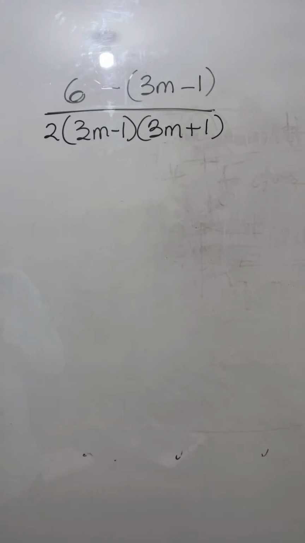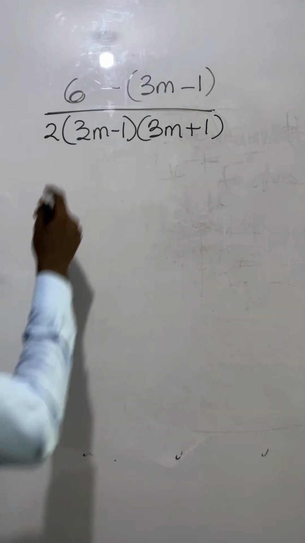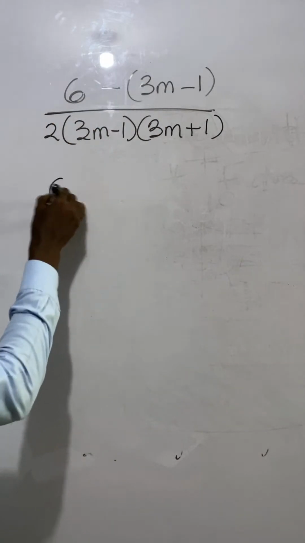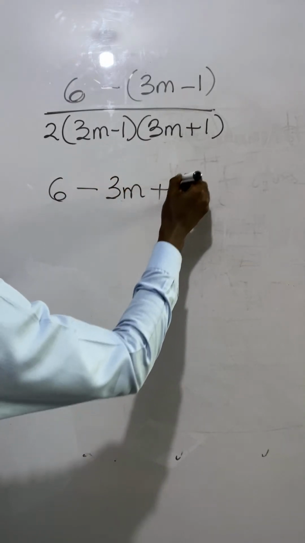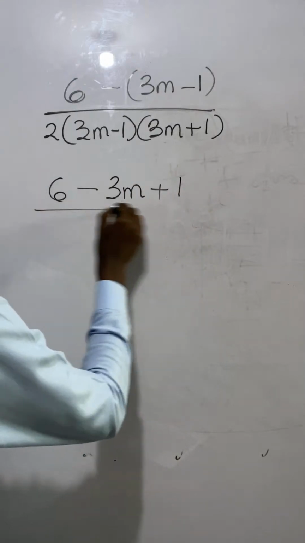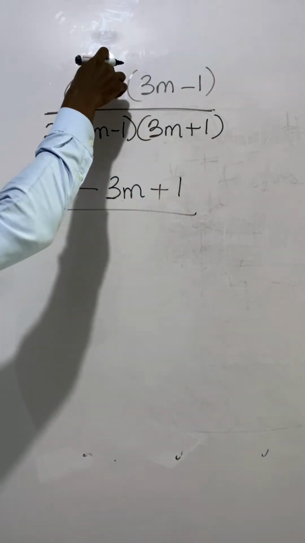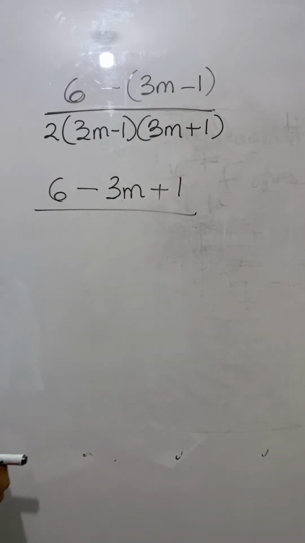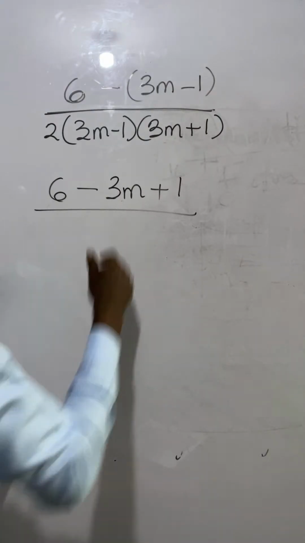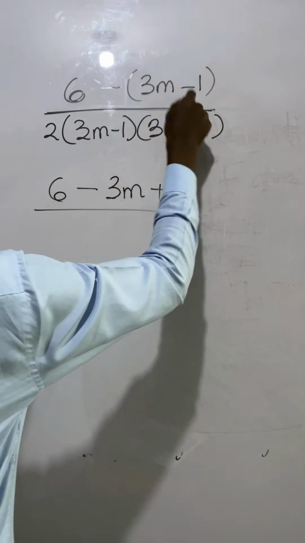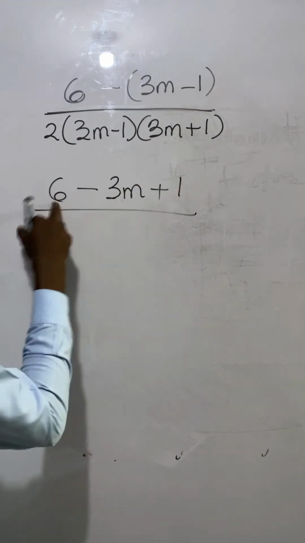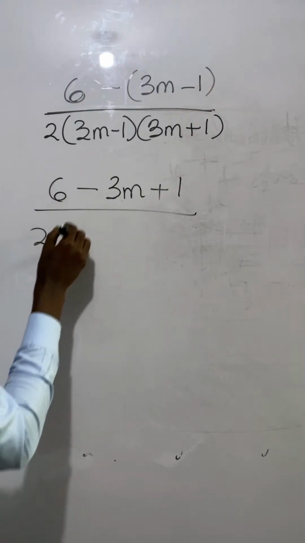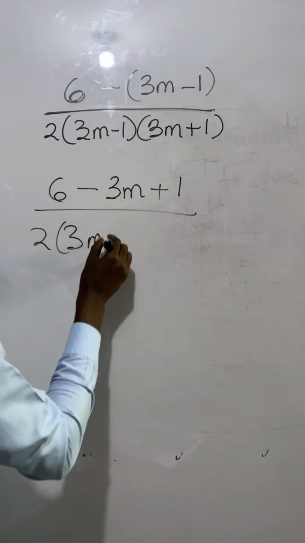However, there's a way we can expand on this. You have 6 minus the bracket 3m minus 1, because this negative multiplies what is in the bracket, gives us negative 3m. And negative 1 times negative 1 gives us positive 1. And then 6 plus 1 is 7. So let's finish this up.